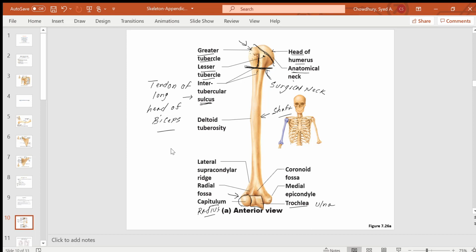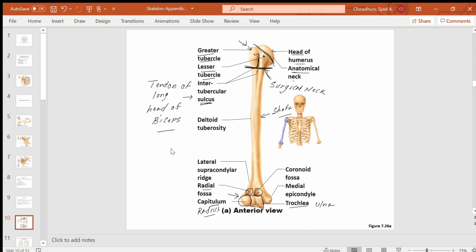In the front of the lower end, you have two fossa, basin-like depressions. Above the capitulum, this is called the radial fossa, and above the trochlea, this is called coronoid fossa.